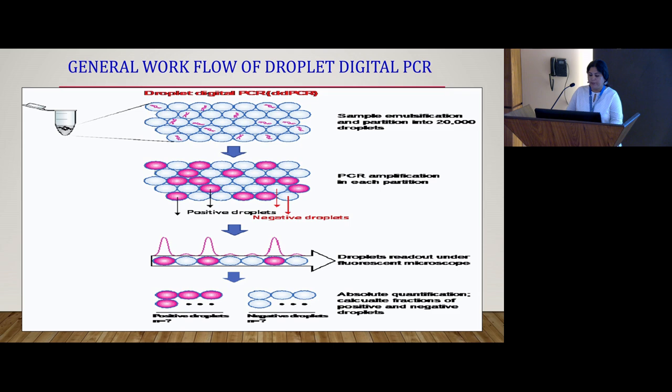After amplification of each partition, each droplet gives a positive or negative fluorescence. Based on the ratio of positive to total droplets, the system calculates the absolute quantity of the target molecule using Poisson statistics. This absolute concentration of the nucleic acid in the sample is calculated as copies per microliter and analyzed by the QuantaSoft software.